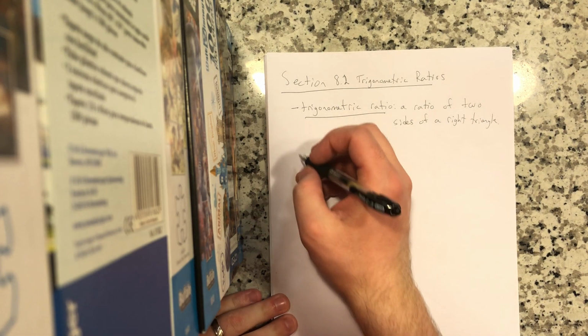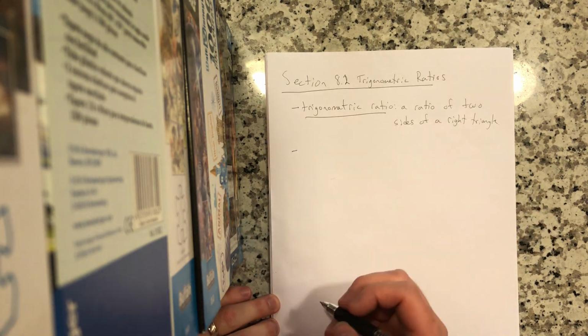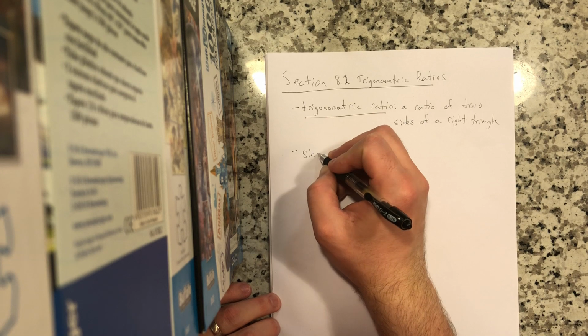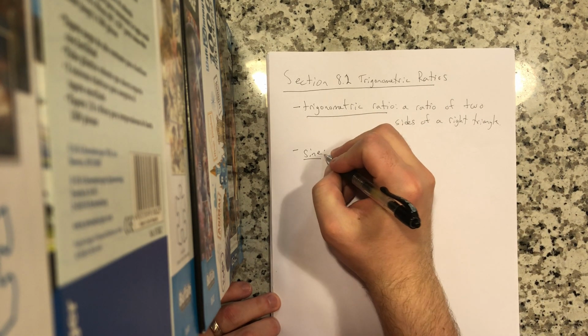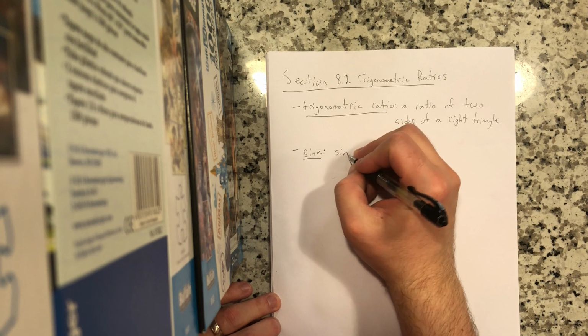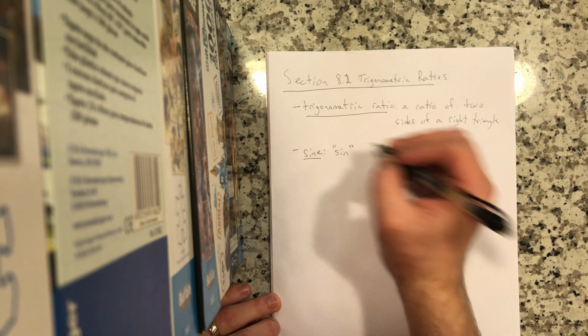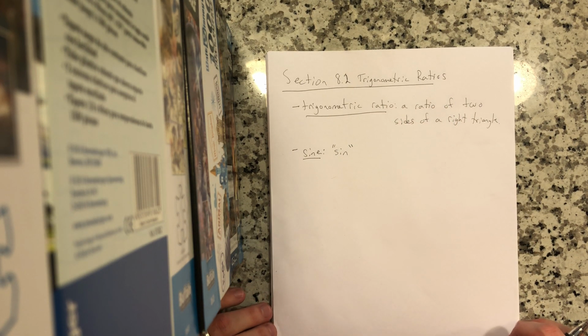There are going to be three big functions that we're going to be talking about here. The first one is going to be called the sine function. Usually you will see this abbreviated as SIN. That is still pronounced sine. It is not pronounced sin.